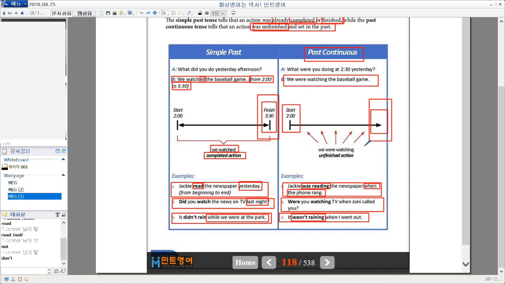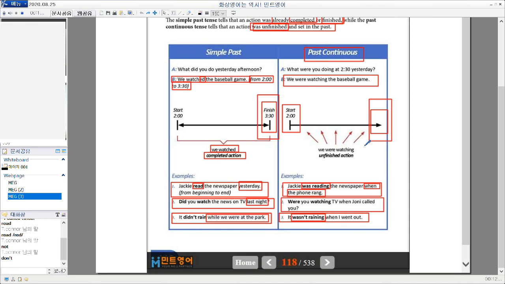Those are negative sentences, right? So for that one, it wasn't raining, let's say yesterday. It wasn't raining yesterday when you went out. And it's very simple because it's negative. All right. So that is simple past and past continuous.